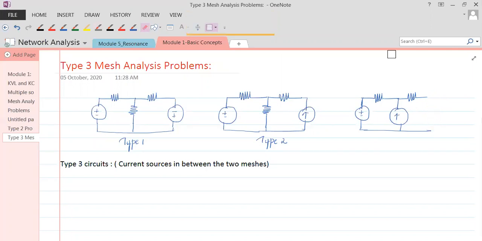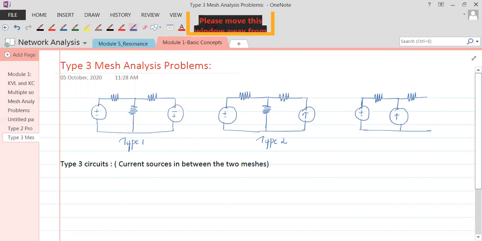Fine. Here you can even have a voltage source. So what's happening? You have a current source between the two meshes. So that's why I'll refer to it as type 3 circuit. They're not standard references. I'm telling you again and again, they're not standard references.